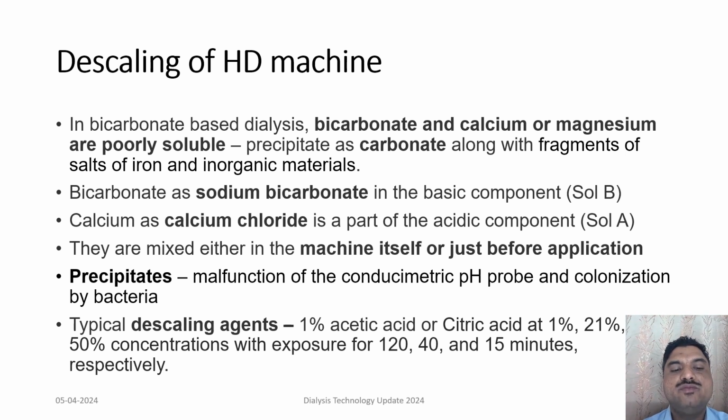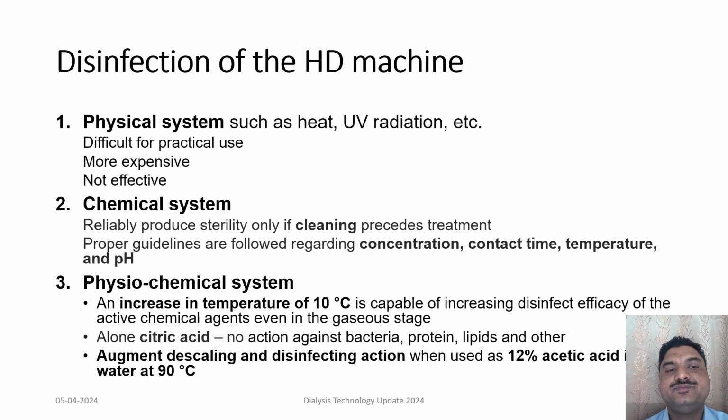So what is more important for this is the descaling agents. Descaling agents like acetic acid or citric acid at various concentrations, like 1% when exposed for 120 minutes, 21% when exposed for 40 minutes, and 50% when exposed for 15 minutes, have a very good descaling capacity.